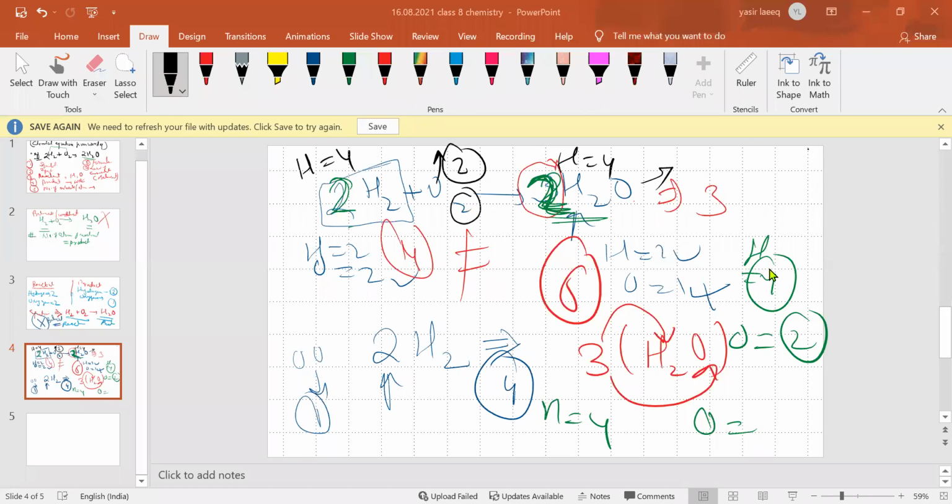Okay, you said first one is 2 and second one is 1. That's wrong. Second one is also 2, because just now I told you if some number is written just before the formula, it means that this number is included in every element. Yes, sir. Okay, I'm doing it clearly here.